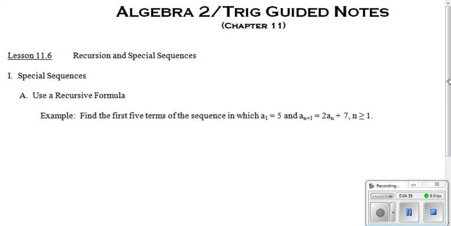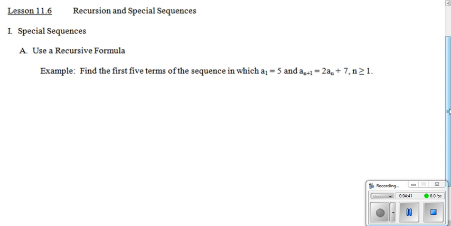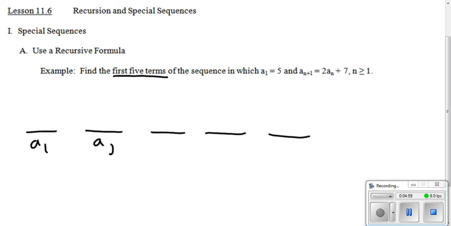So here's an example of how it looks, or how it should appear. If we start with a sub 1 equals 5, and we're looking for the first 5 terms. So 1, 2, 3, 4, 5 terms, starting at a sub 1 all the way through a sub 5, and we are given that a sub 1 is 5.